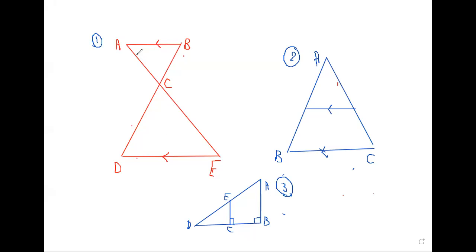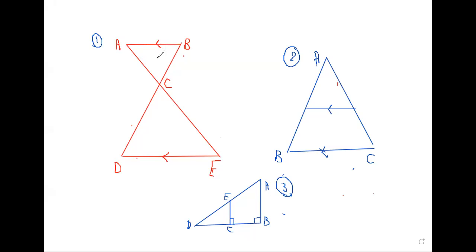I have triangle ABC, and I have triangle ECD. So I have one triangle larger than the other because we are talking about similar, not congruent, right? Now Jana, you said they are similar.